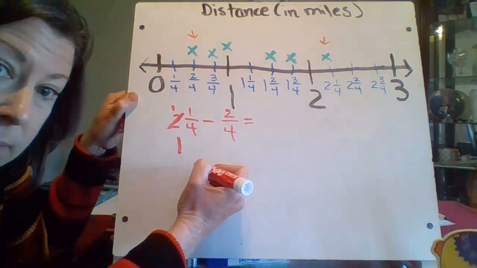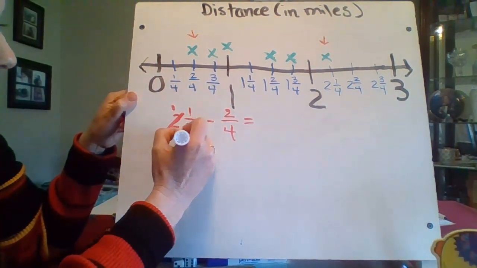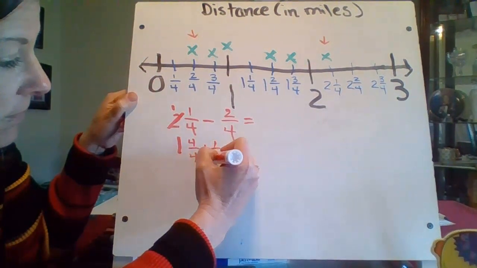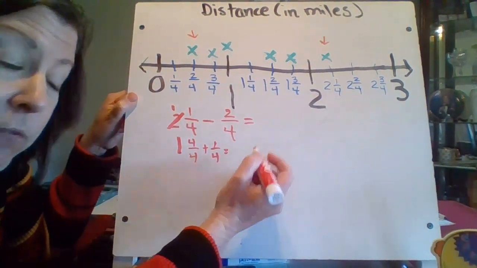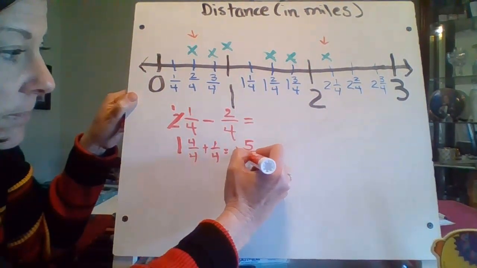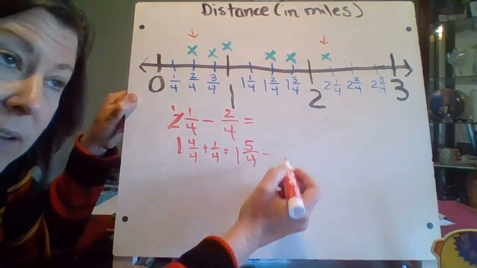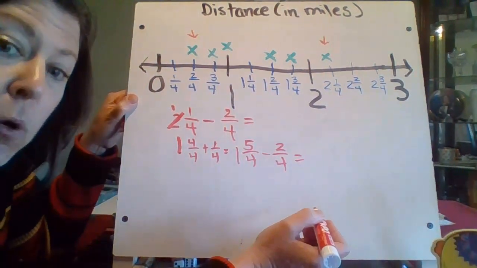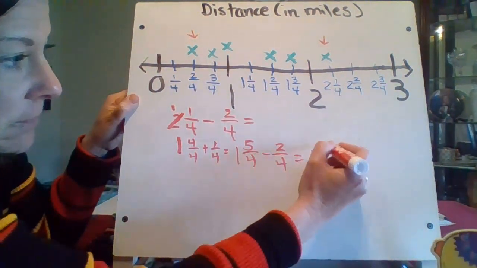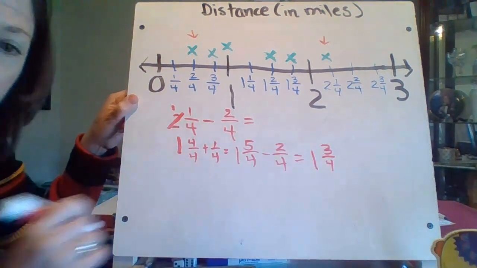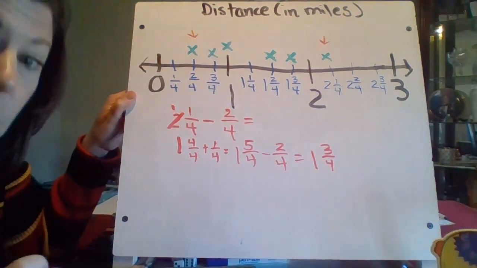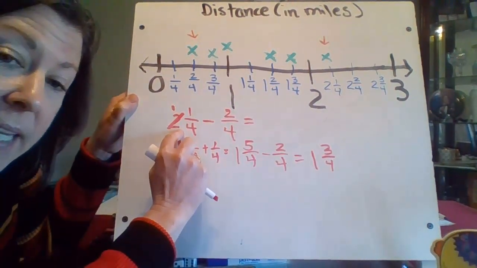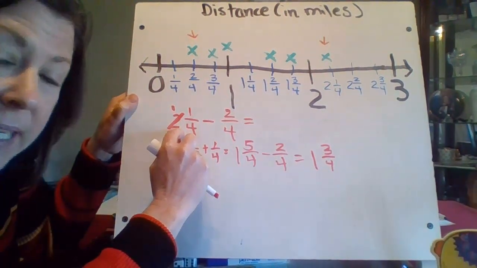This is going to be a 1 and 4/4. I still have that extra 1/4. So this is 1 5/4 minus the 2/4, which gives me 1 3/4.